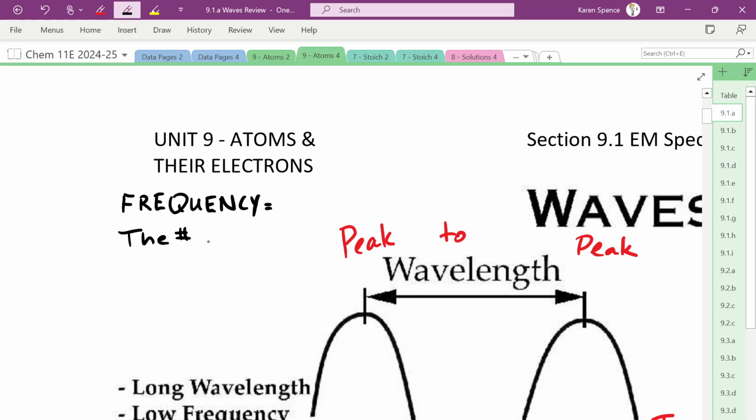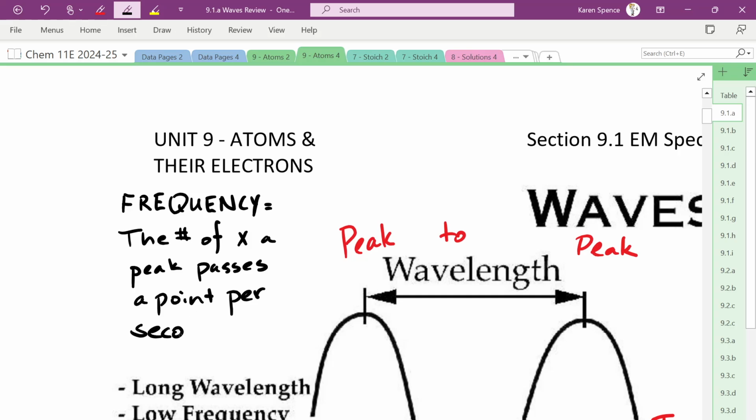The number of times a peak passes a point per second.